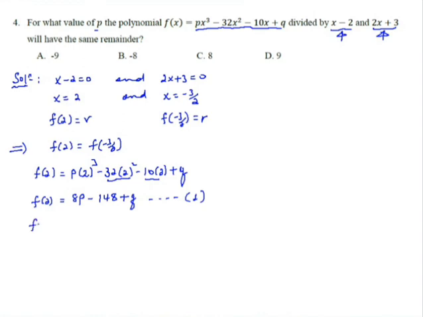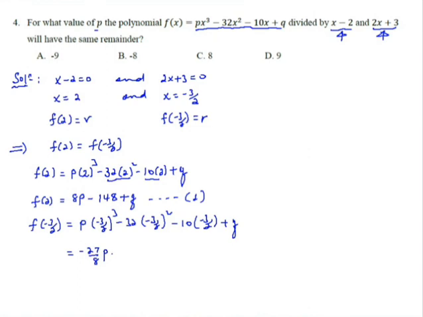Again let's substitute f of minus 3 over 2. Let's substitute minus 3 over 2 in the function. So it becomes p times minus 3 over 2 the whole cube minus 32 times minus 3 over 2 the whole square minus 10 times minus 3 over 2 plus q. So here this becomes minus 27 over 8p.